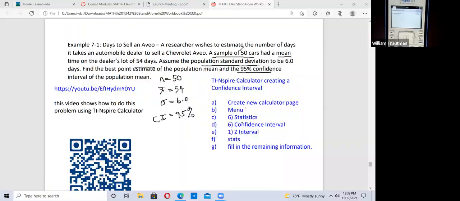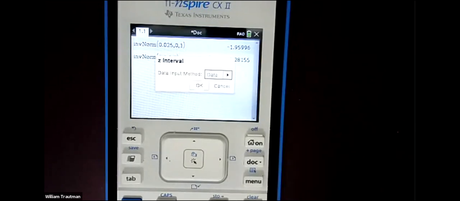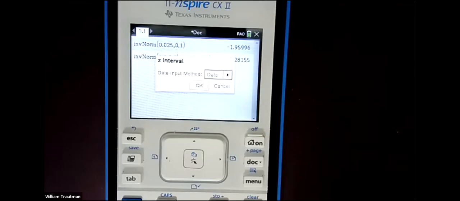So if I go to my calculator and I go to menu 6, 6, 1. It says, where do you want to get your data from? On my calculator, it says the Z interval, where do you want to get your data from?